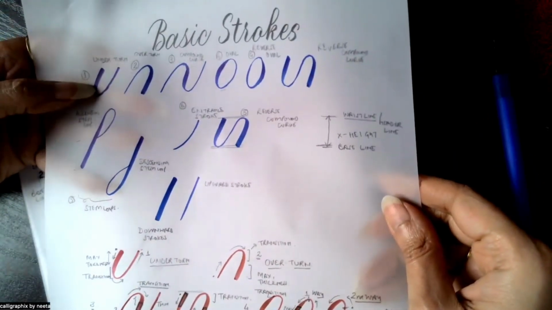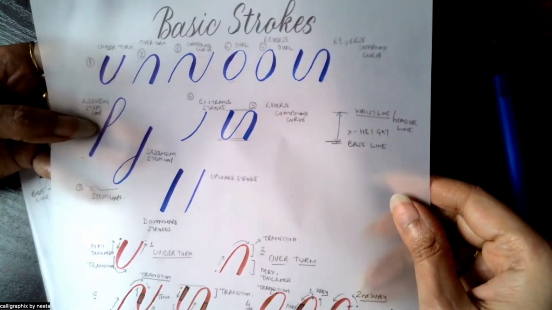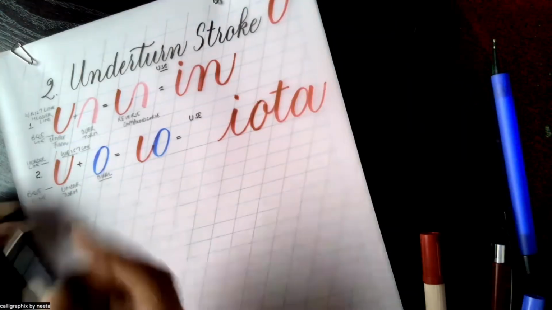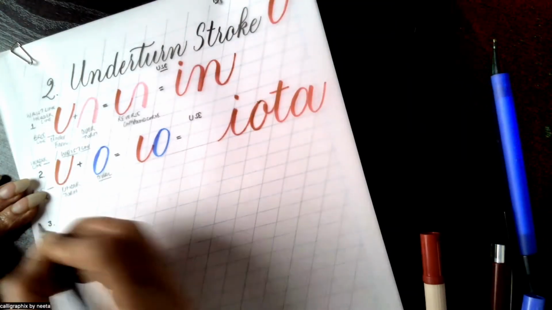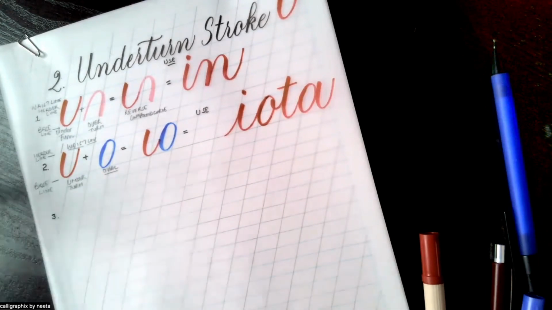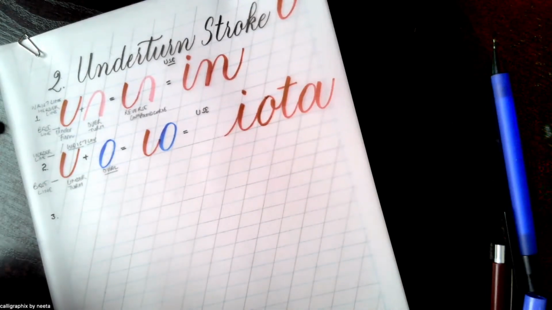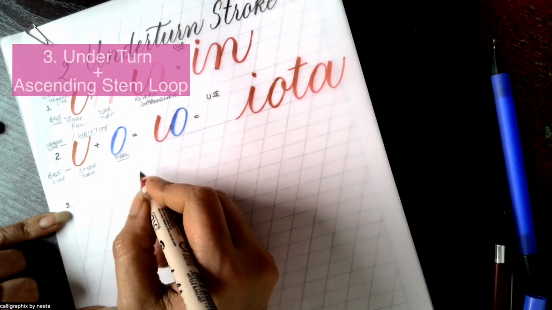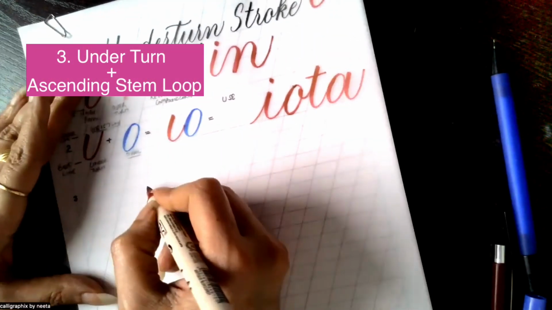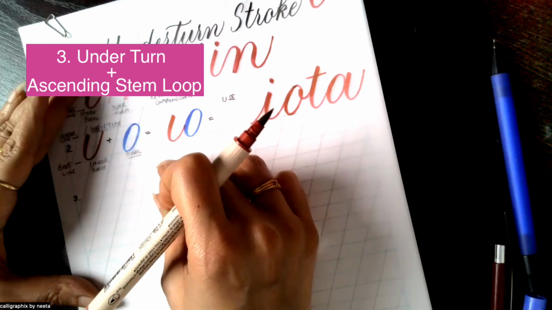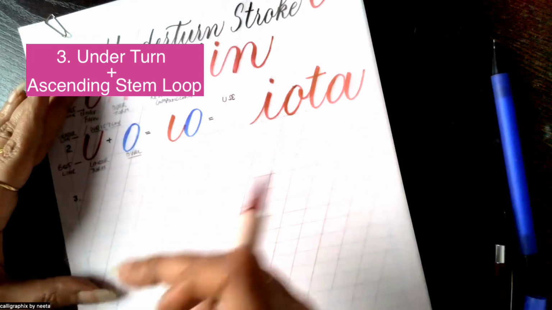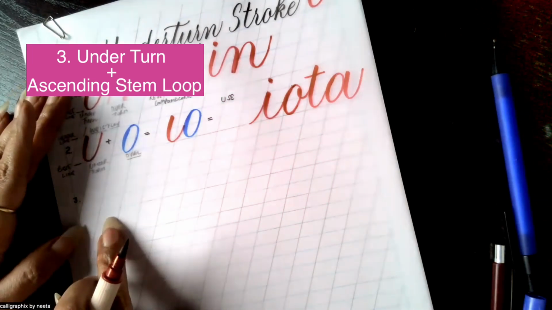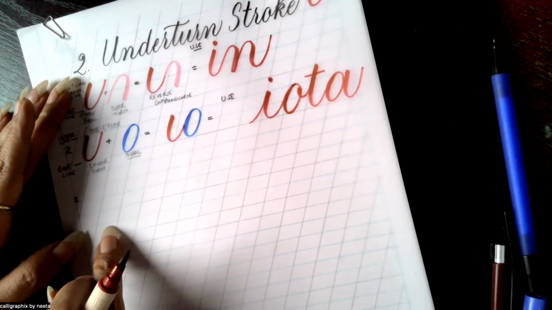Now we are going to connect our underturn with our ascending stem loop. So let's have a look. We are creating our third combination with our underturn. Here we are going to create our ascending stem loop. With the ascending stem loop, we have our ascenders line, and also our header line and baseline.